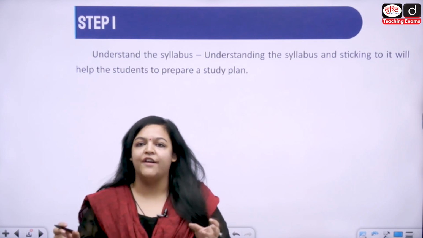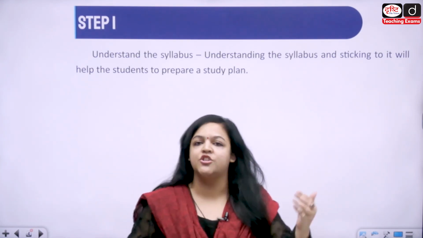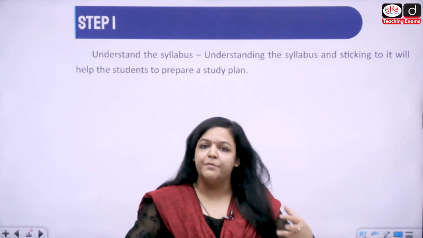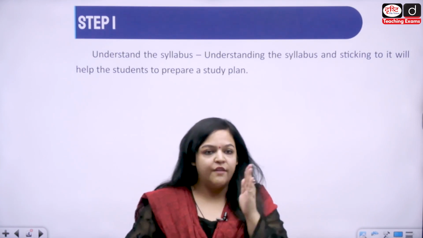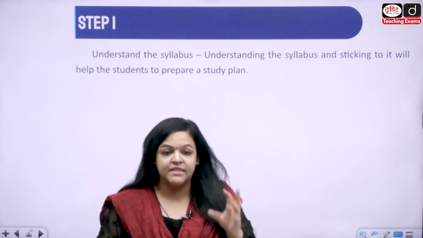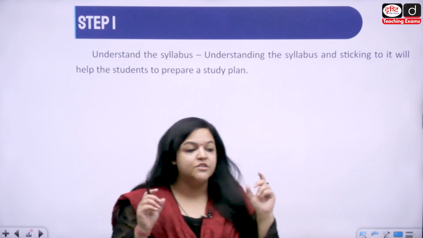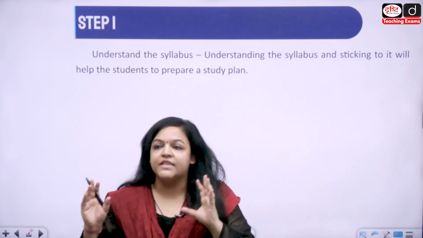What do you have to study? So there are 10 units in history. Each unit is divided into sub-units or sub-chapters, you can say. So you have to look at those sub-chapters. You have to look at the syllabus and see what is to be done. These topics are to be studied. These are not to be studied.